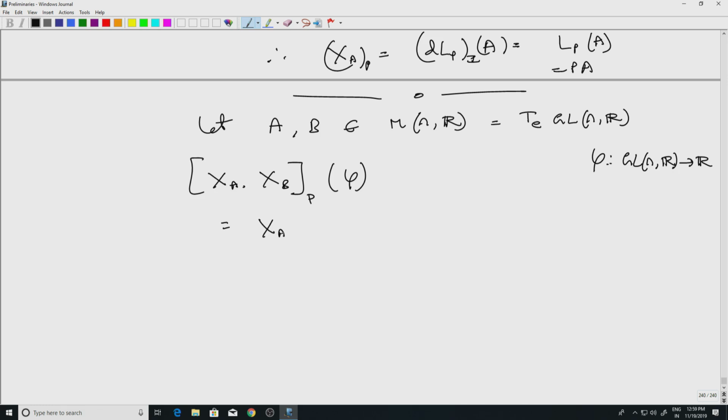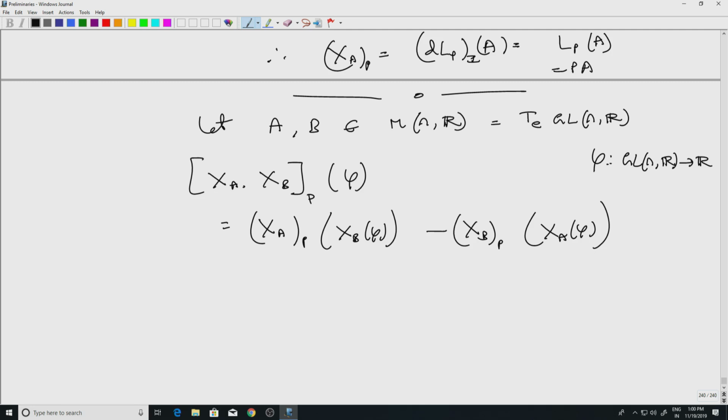So this is XA at P acting on XB phi minus XB at a point P, XA acting on phi. So one wants to understand this XB of phi.